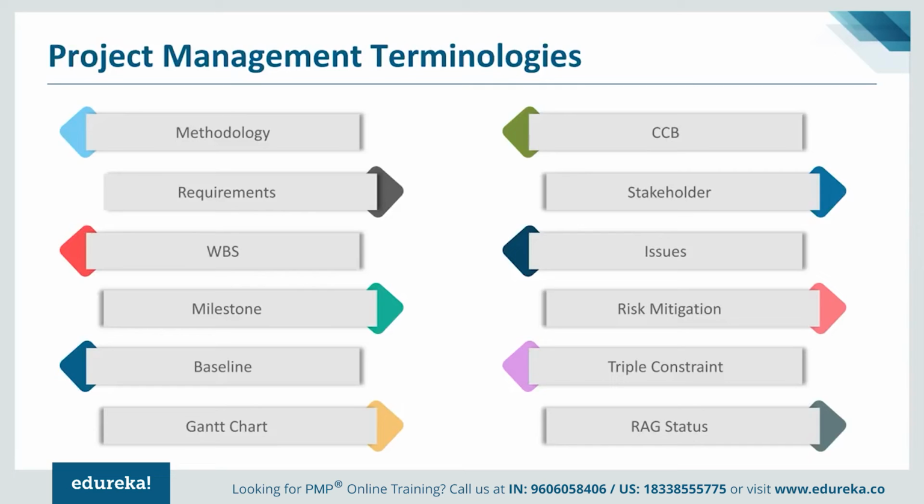RAG status on the project. When you start communicating about the project progress, stakeholders will ask about the RAG status of the project. So is it red, green, or amber? If your project is running as per the plan that you have agreed upon, that means it is certainly green.